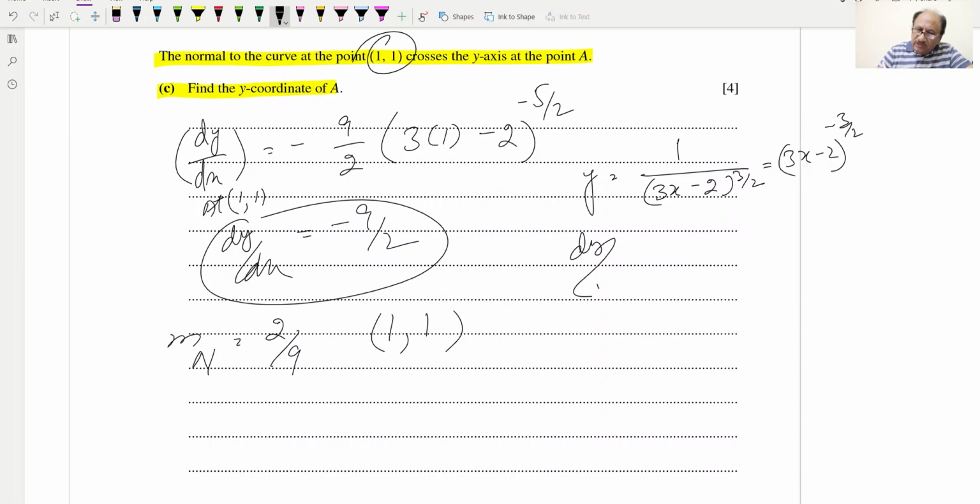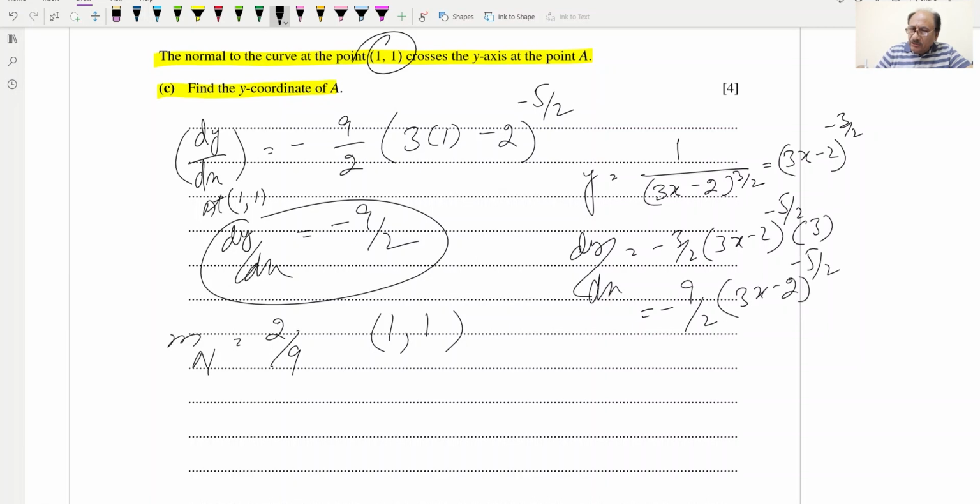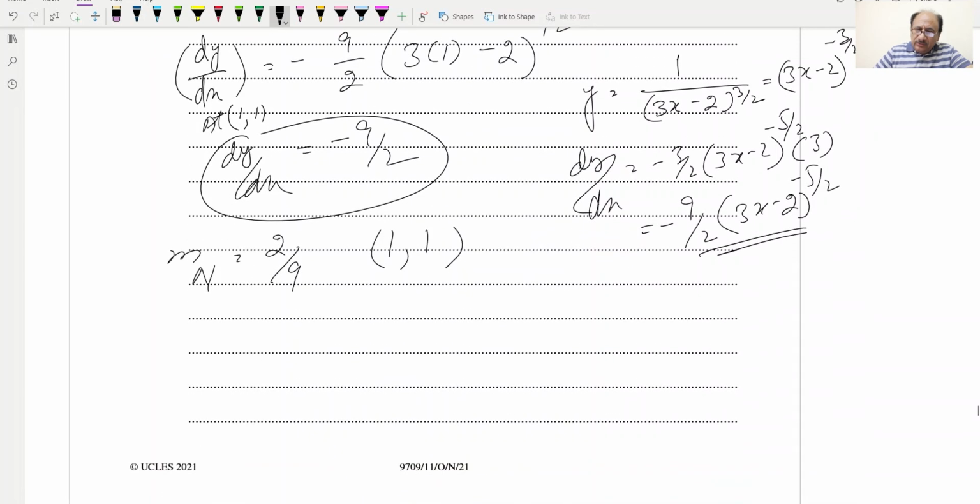Now dy by dx will be minus 3 by 2 into 3x minus 2 raised to minus 5 by 2, and the derivative of 3x is 3, so this will be minus 9 by 2 into 3x minus 2 raised to minus 5 by 2, and this is what we utilized. Hopefully this explanation will help you in understanding.